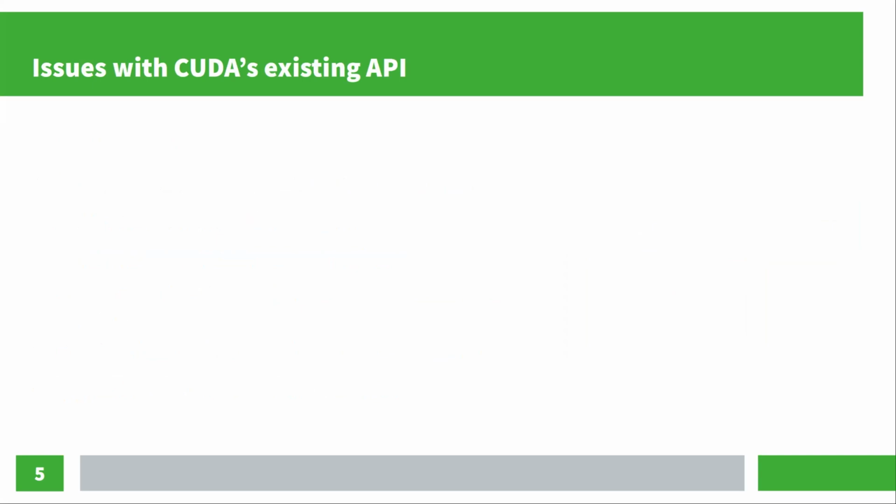Okay, so Cuda's existing API. I'm talking about the Runtime Api. I don't have a slide for this, but as many of you may know, there are two, shall we say, levels at which you can interact with Cuda. One is interacting with the Cuda driver, the kernel driver.